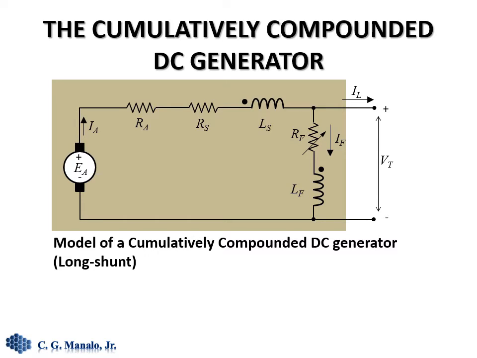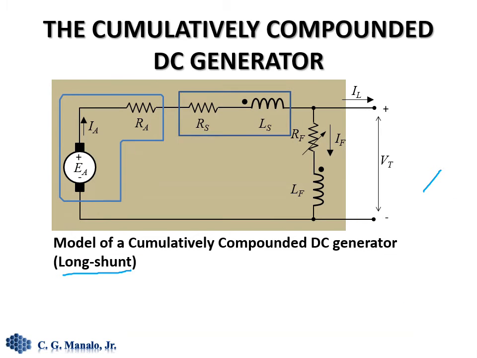So the model looks like this for a long shunt cumulatively compounded DC generator. So this is the armature circuit, this is the series field circuit, and this is the shunt field circuit. So a compound generator has two fields. We have the series field and the shunt field.